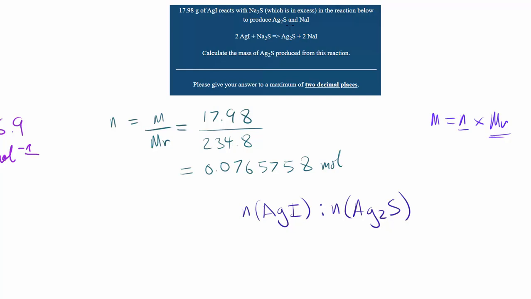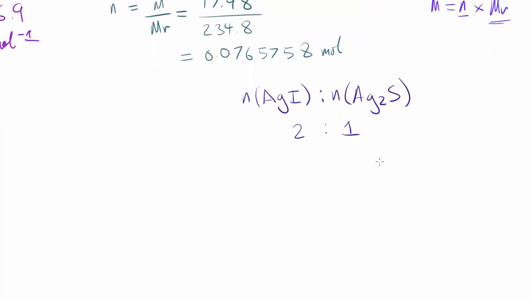It's not a written coefficient, but we can infer that the coefficient is 1, which means our ratio here is a 2:1 ratio, which means that for every 2 moles of AgI, we've got 1 mole of Ag2S. And what this effectively tells us is that the number of moles for the Ag2S is going to be half what we've been able to work out in terms of the AgI moles.